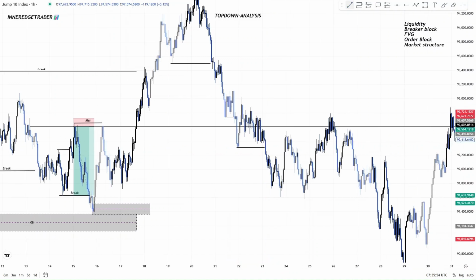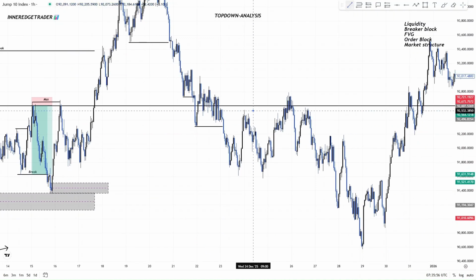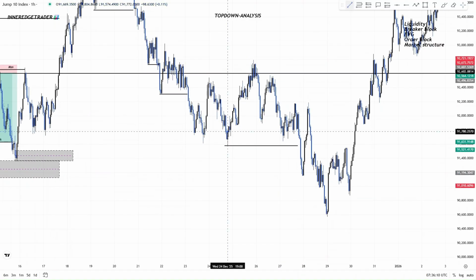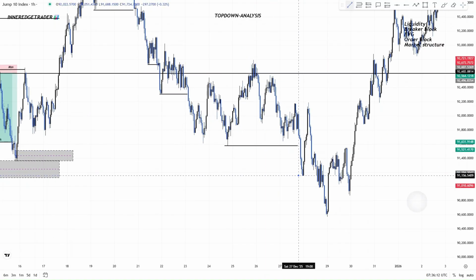And right here, market gives us a nice structure before breaking to the downside here. And it kept on breaking to the downside on the 1 hour time frame.